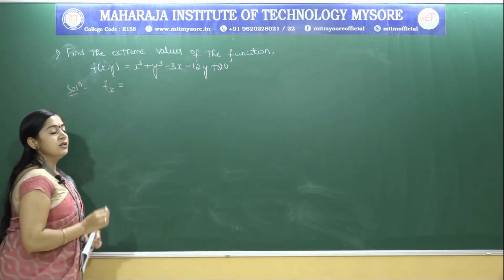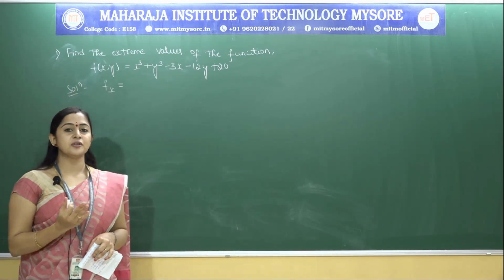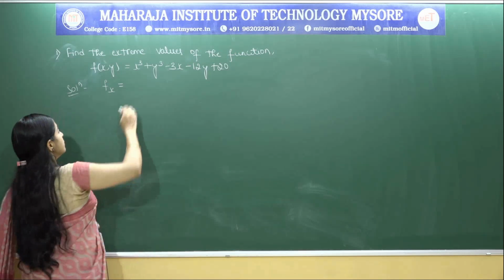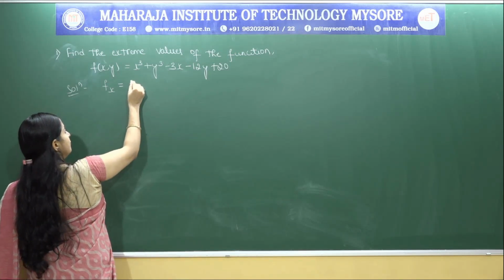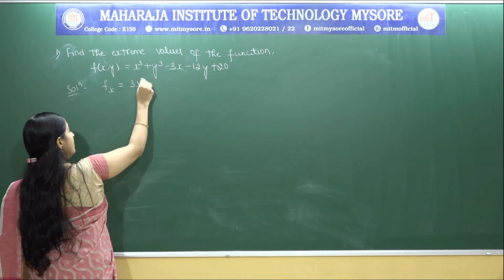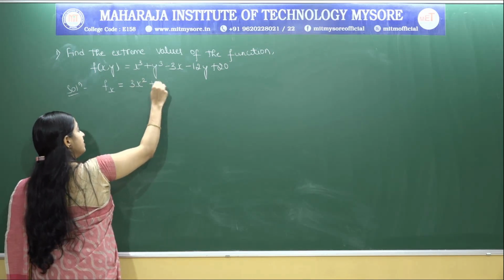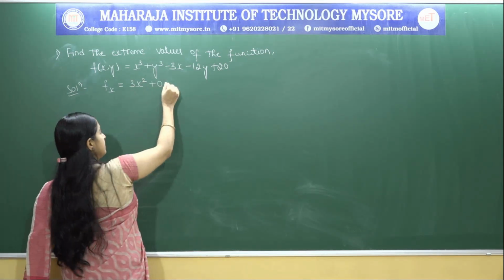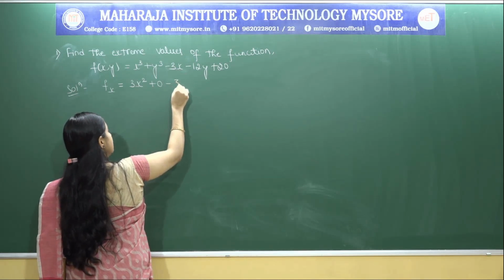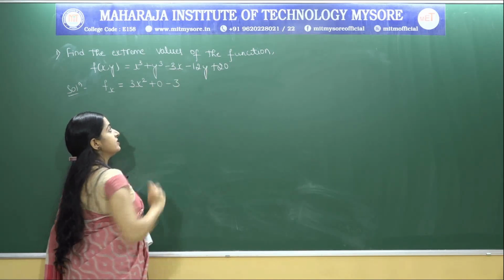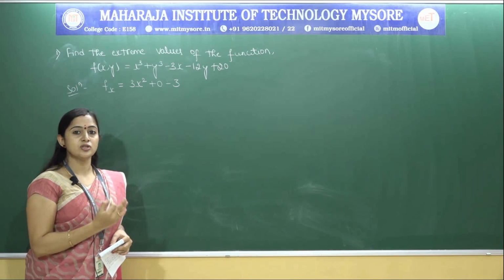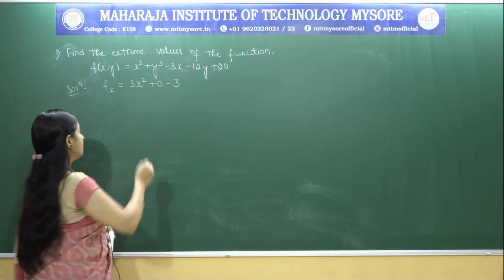Solution: differentiate the given function with respect to x first. So x cube differentiation 3x square, the y cube differentiation 0, minus 3x differentiation is 3, the 12y differentiation 0 and the 20 is also constant, the differentiation is 0.